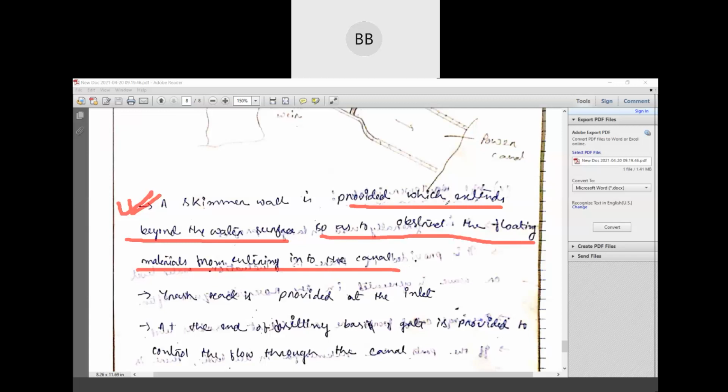Then the next point is, a trash rack is provided at the inlet.